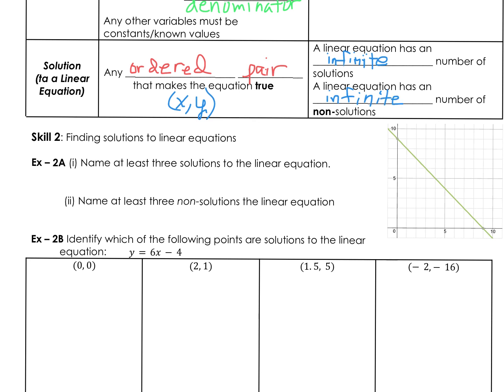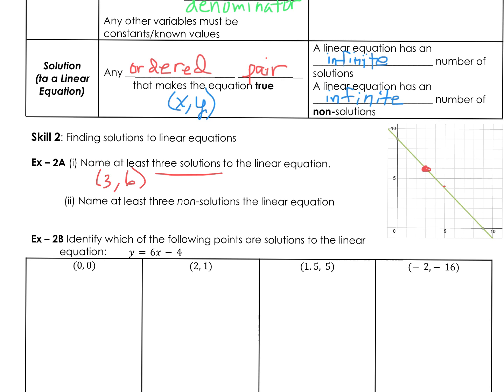So what would be solutions? Let's look at this graph over here. For it to be a solution, the ordered pair needs to be on the line itself. So for instance, this ordered pair right here is at 3, 6. So 3, 6 is an actual solution.